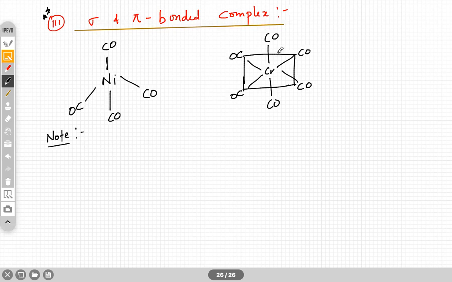Write down first, in this type of compound, metal and carbon atom contain both sigma and pi character. Next line.